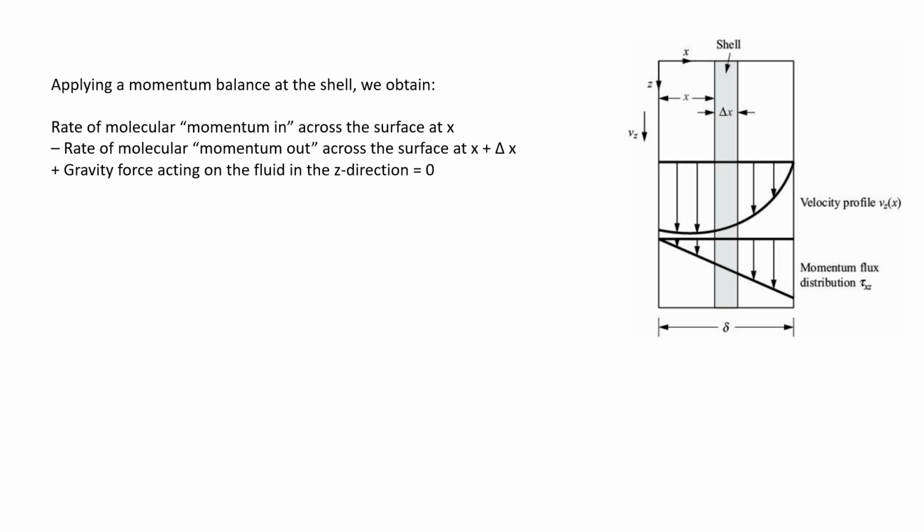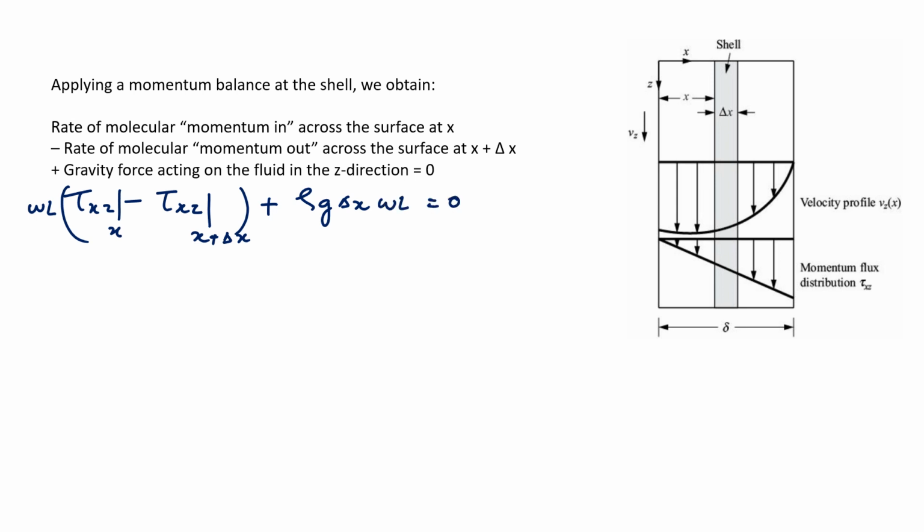Applying a momentum balance at shell, we obtain tau xz at x minus tau xz at x plus delta x, into W L, plus rho g delta x into W L equals to 0.